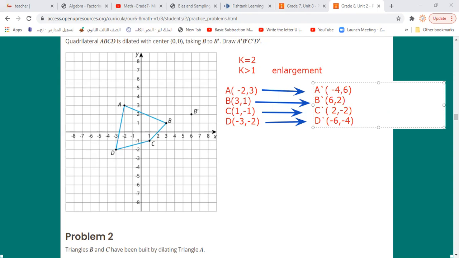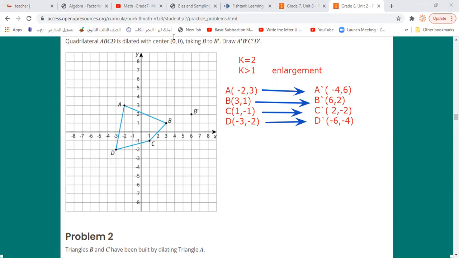Okay. First, we found the scale. Second, compare the scale with 1. We decided that this one is more than 1, so it should be an enlargement. Third, we prepare the algebraic representation for the dilation, calculating the points, and then we plot them.